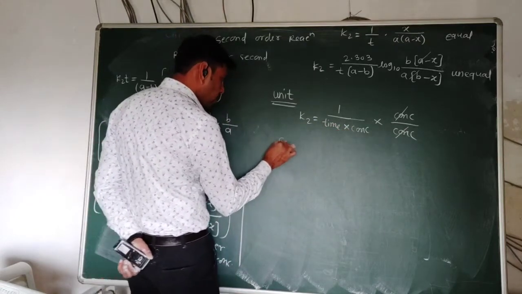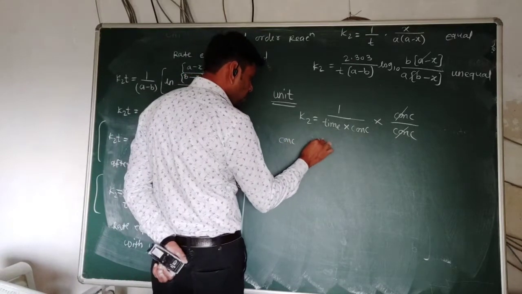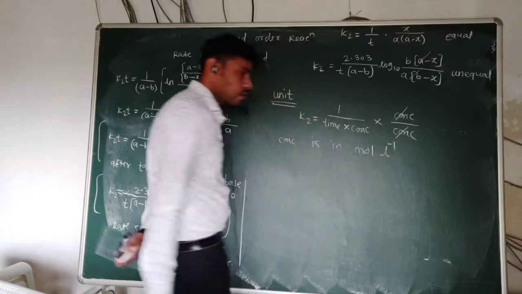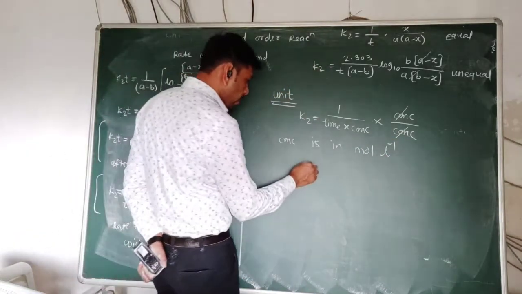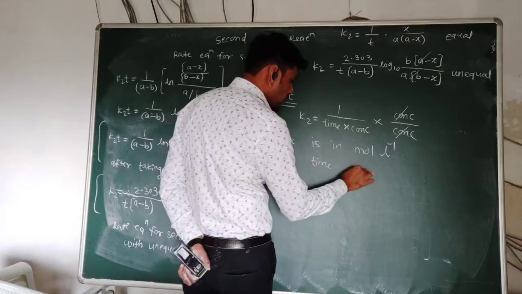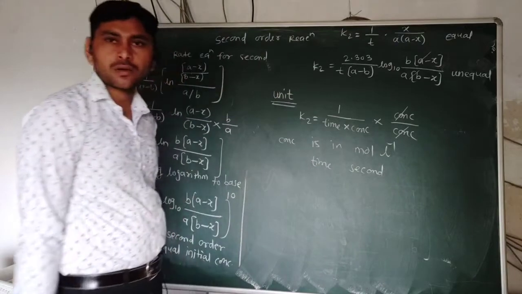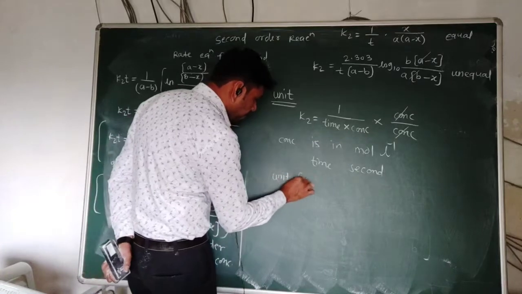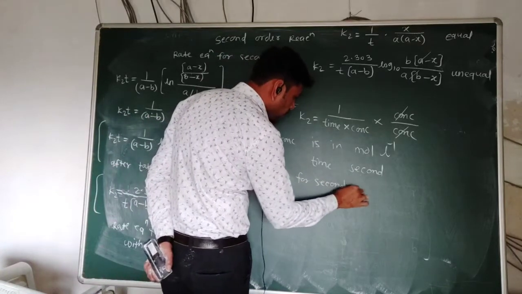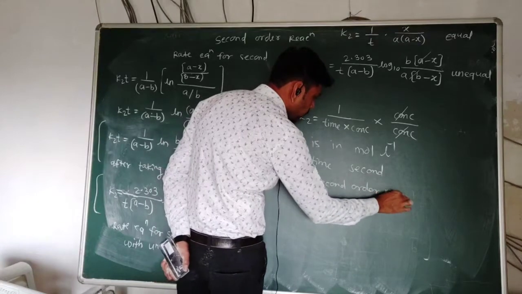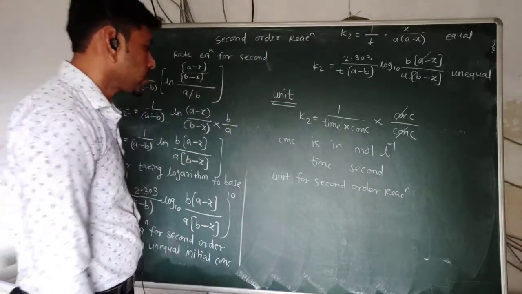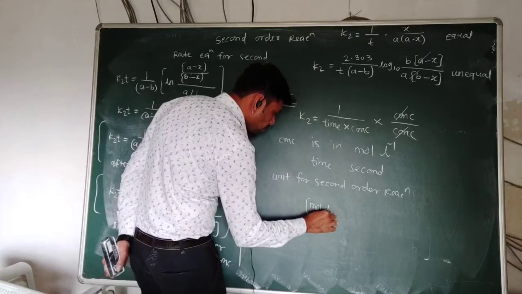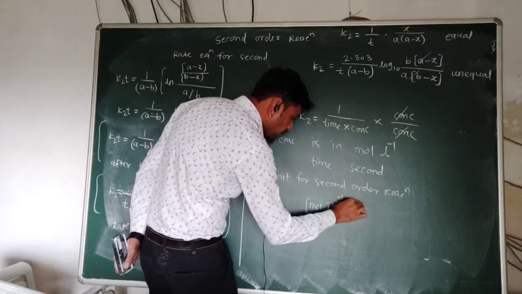So when concentration is measured in moles per liter, and time in seconds, then the unit for second order reaction is moles per liter inverse per second.